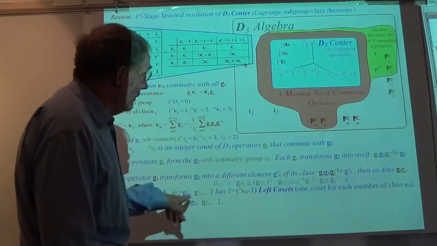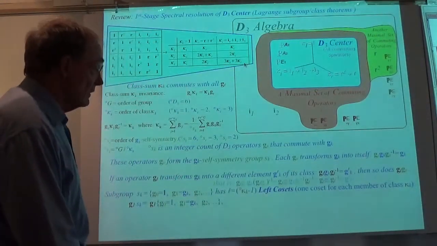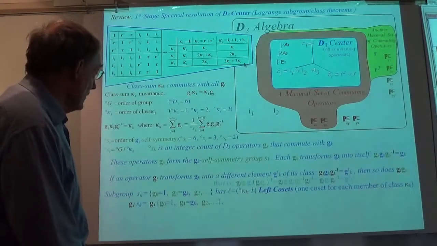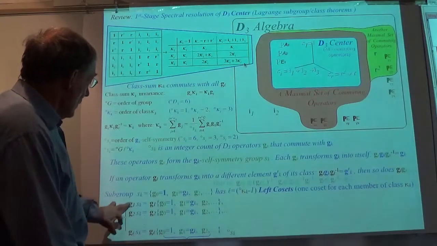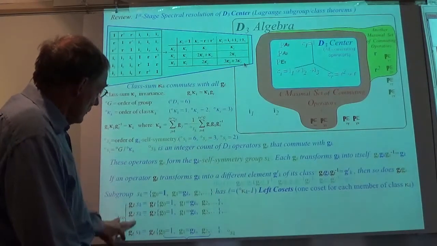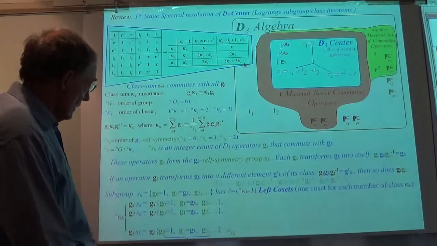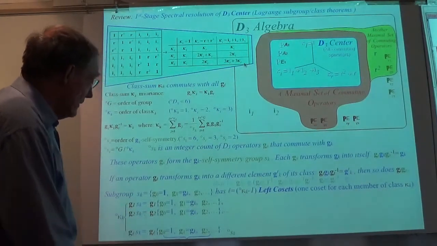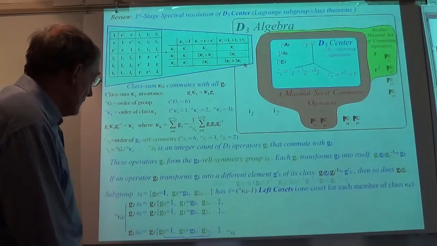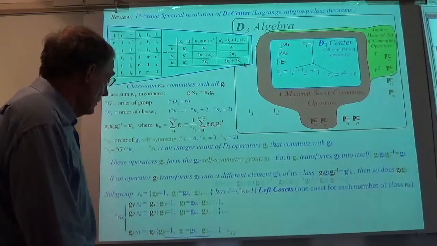And the number of them is given by the number of basically left cosets. All of these guys right here, and I'll just sum this up here, there are as many of those cosets as there are elements in the class. Each one of these G1, G2, GL would transform GK into some element in the class.